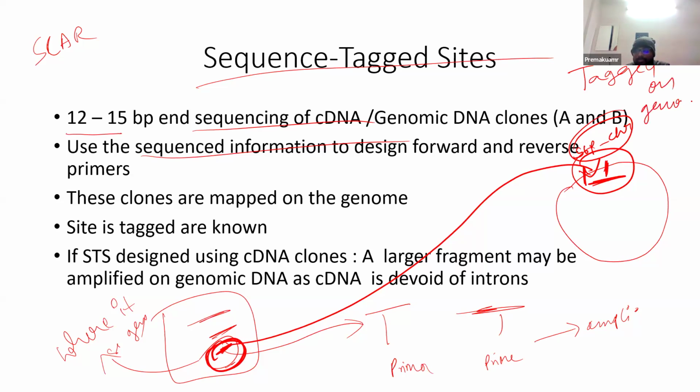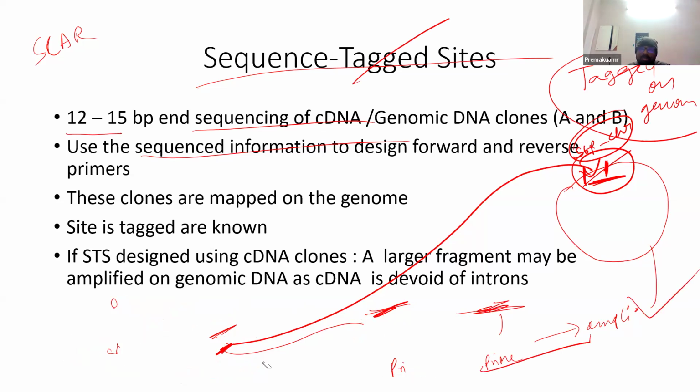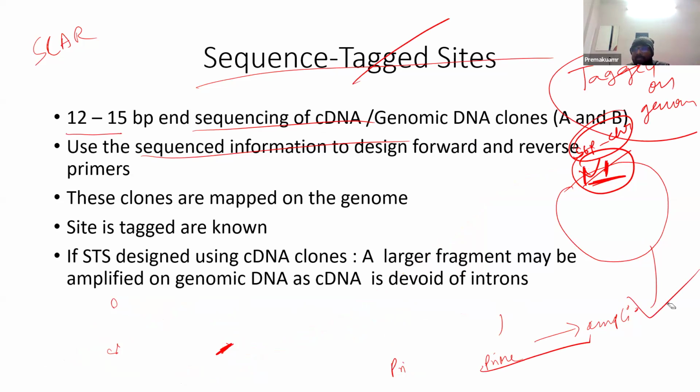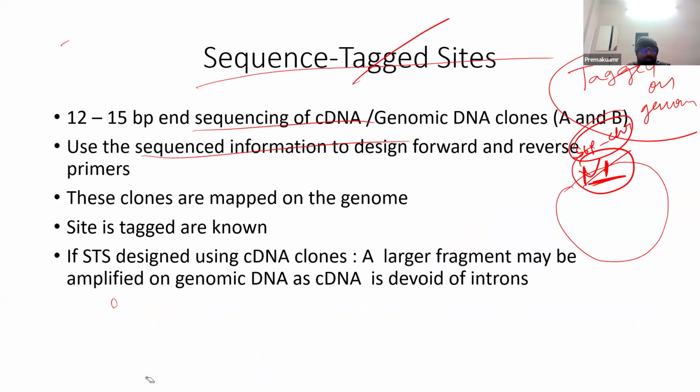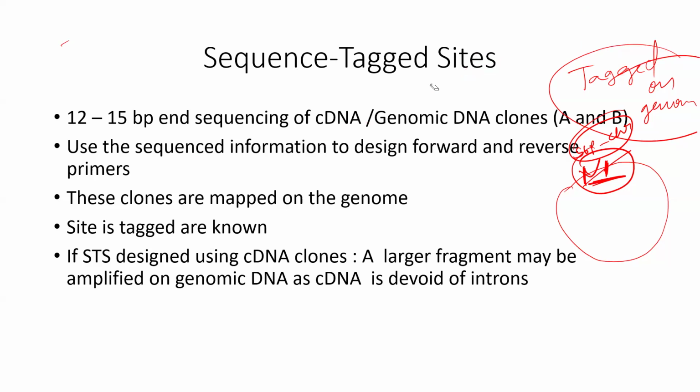That's why it is called a sequence tagged site. Then we design primers from its ends and use it as a marker. This is similar to the SCAR marker, but we know where it is located on the genome. That is the only difference between the SCAR and the STS marker. Understood? Yes, sir.